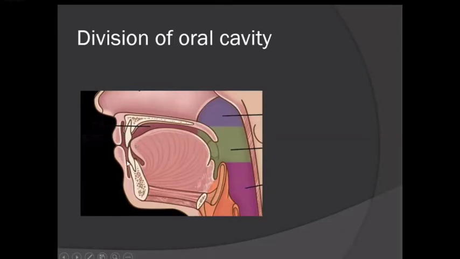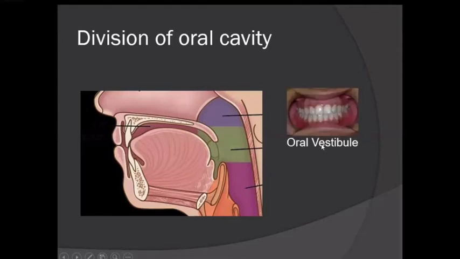This is compartment number one, the smaller one, slit-like. This is the bigger one, which contains the tongue. The slit-like space of the oral cavity, which lies between the lips and cheeks on one side and the teeth and alveolar arch on the other side, is what is known as the oral vestibule.